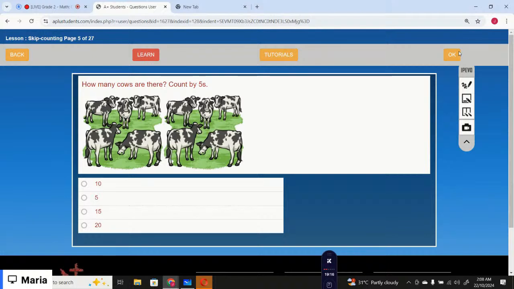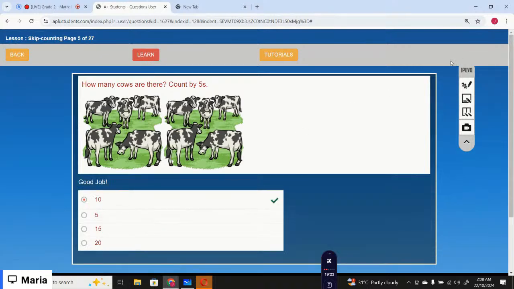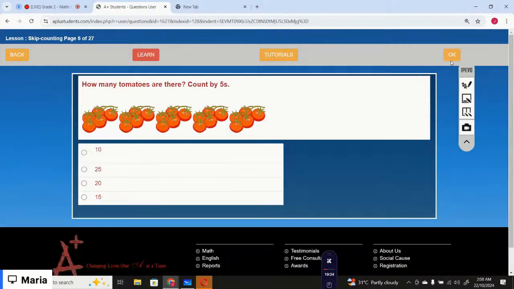When you count by fives, that is very good. There are 10 cows, right? You have to skip count by 5. So, they are 10. How many tomatoes are there?